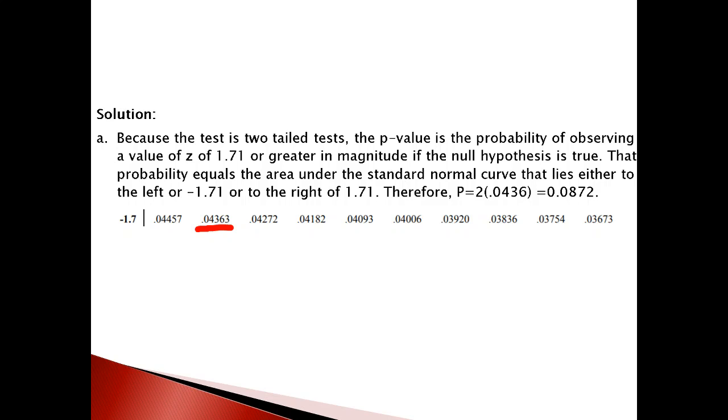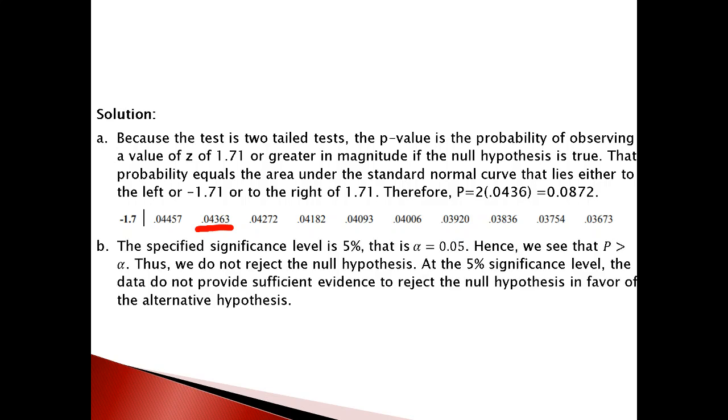Now how do you determine whether you should reject the null hypothesis or fail to reject it? Compare that with the significance level alpha. Clearly the p-value 0.0872 is greater than alpha 0.05, so we do not reject the null hypothesis. So at the 5% significance level, the data does not provide sufficient evidence to reject the null hypothesis in favor of the alternative hypothesis.